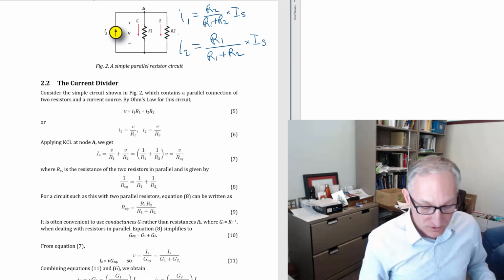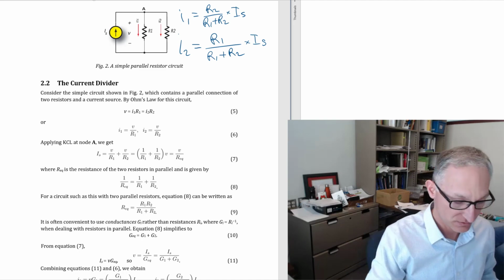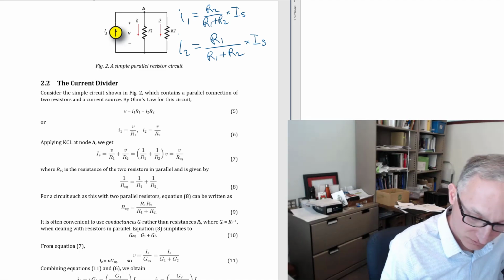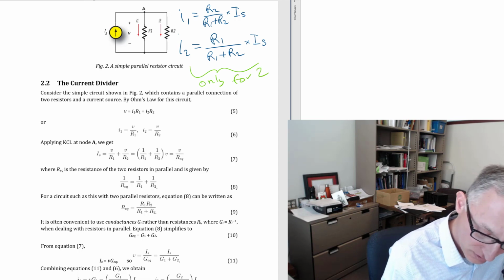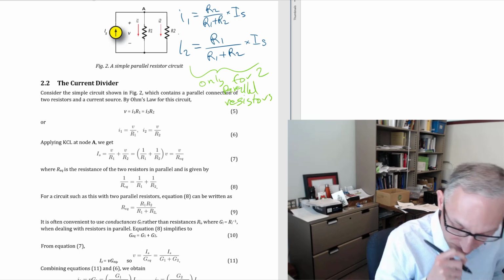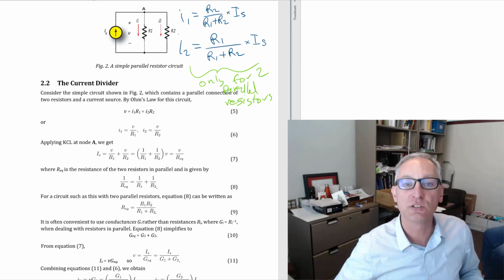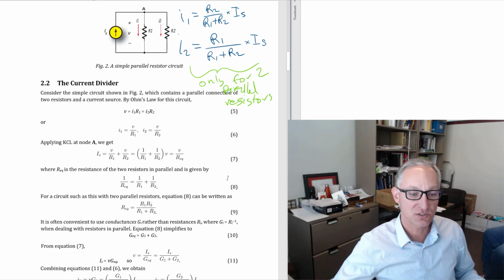Okay, now let's just make a note: this only works for two parallel resistors. So those equations only work when you have two parallel resistors.